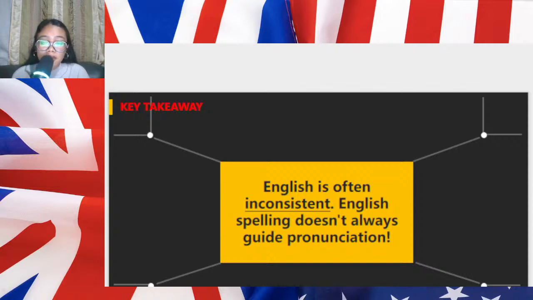If you remember, this is a key takeaway that I provided in yesterday's session. This idea is very simple. What you see is not always what you hear. That's basically it.